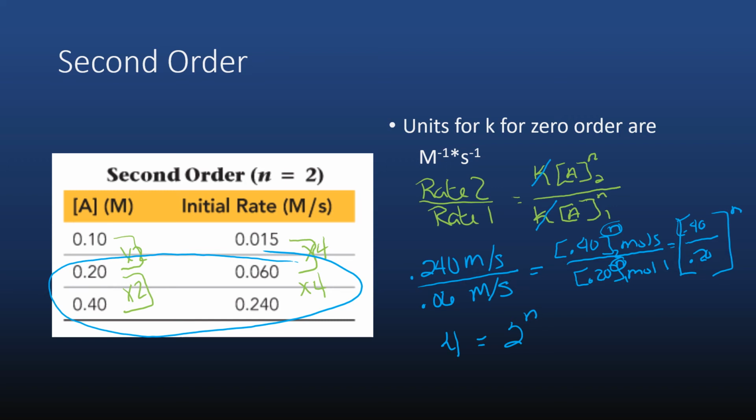So to determine our n, we take the log. Log 4 is equal to n log 2.